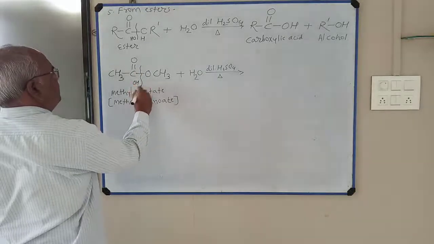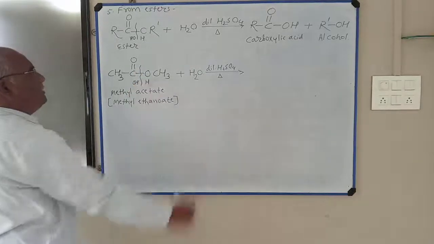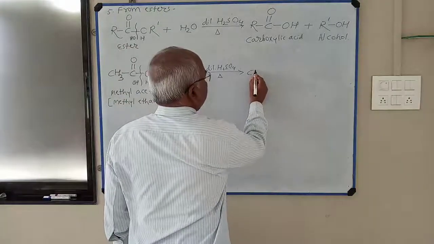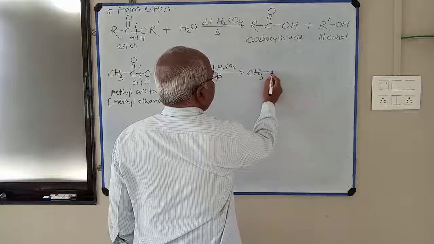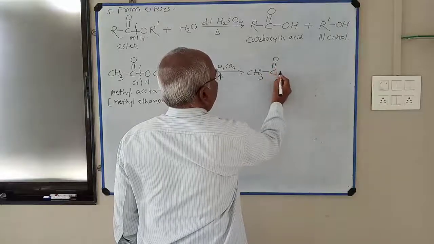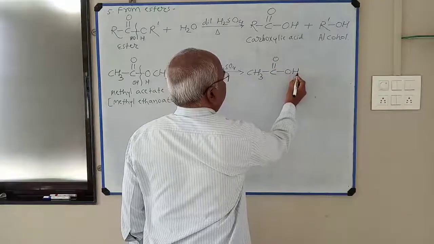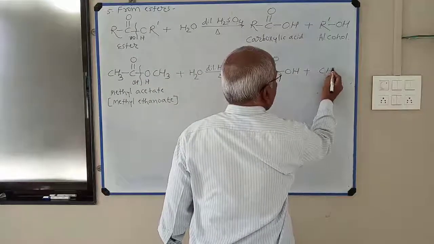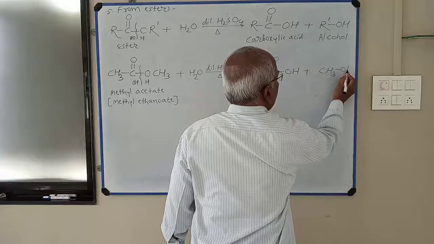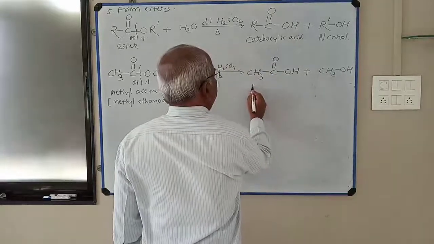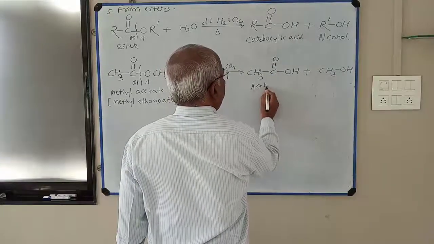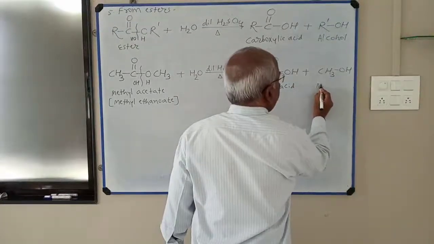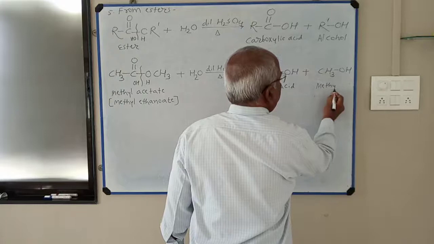OH is added on this side, H is added on this side, and we get the products CH3, single bond C, double bond O, OH plus CH3OH. This is acetic acid, and this compound is methyl alcohol.